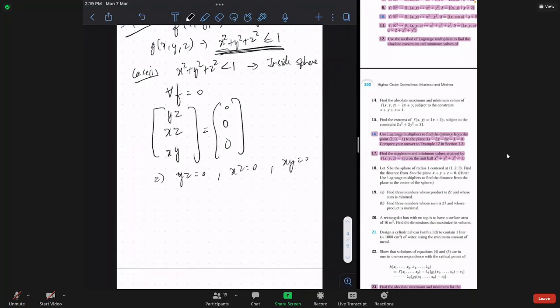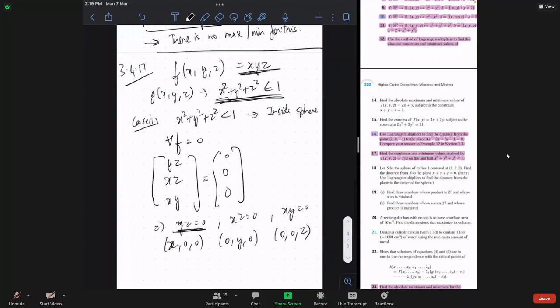From this, I can see that the points can be x,0,0 or 0,y,0, or 0,0,z. But when either one of them is equal to 0, my actual function xyz becomes 0.